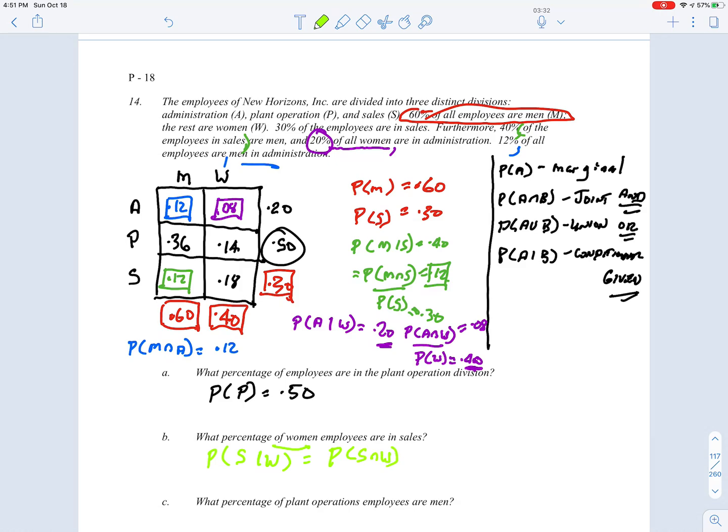So the probability of S and W divided by the probability of W is going to be equal to, we're looking at the women here. So given that a person is a woman, we're looking at 18% over 40%. There's your answer.